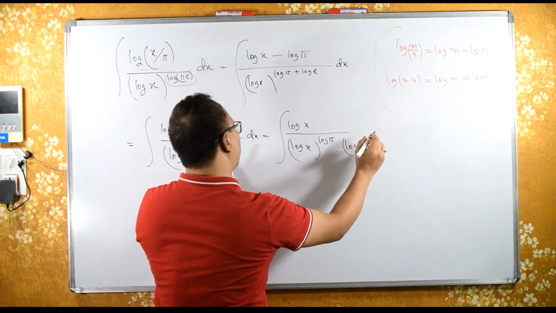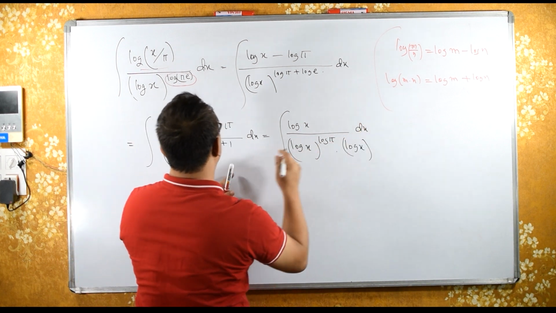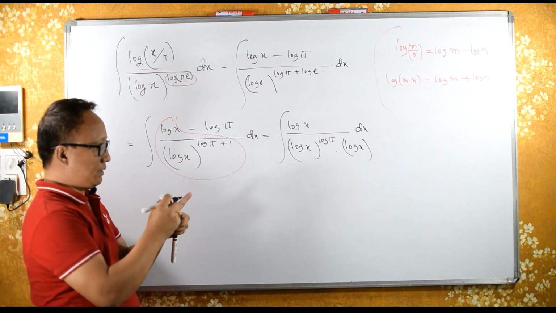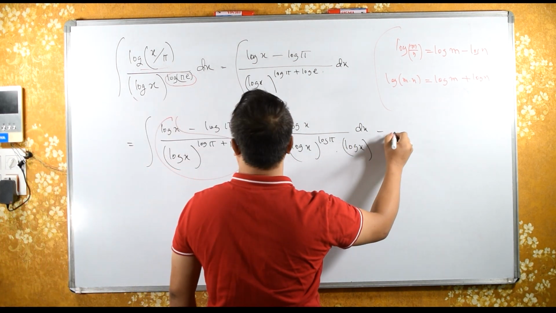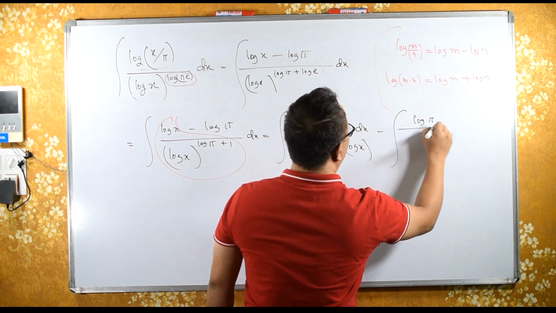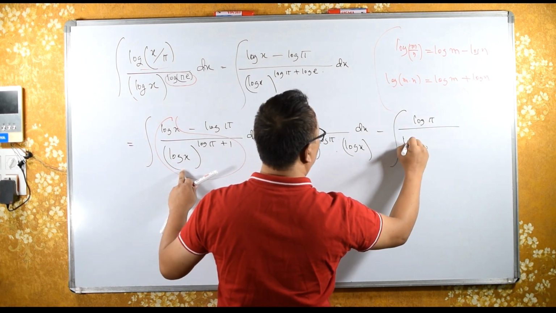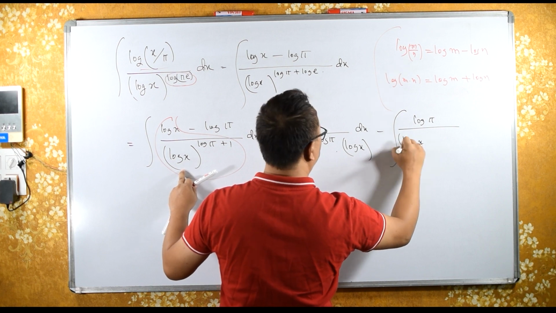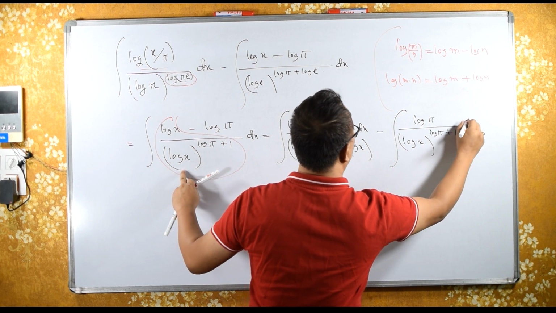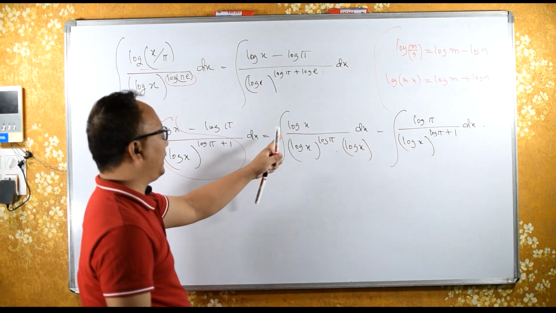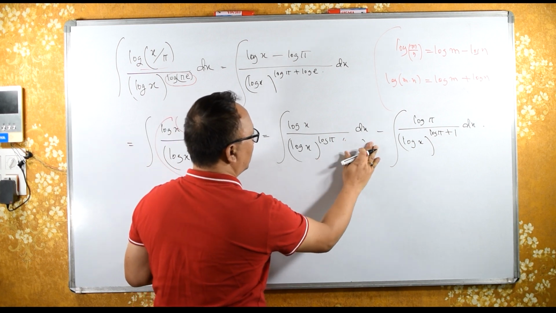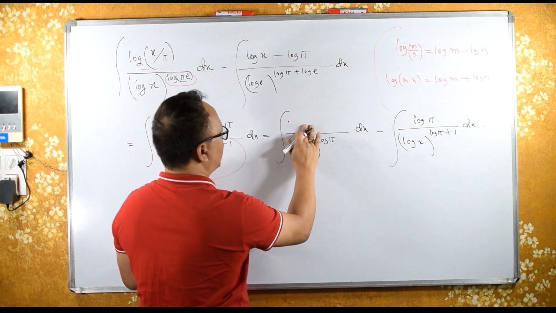Therefore, you can keep it as it is dx, this upon this minus this upon this, minus log of pi upon log of x raised to log of pi plus 1 dx. Now, if I cancel these two, what will we have? We have this, okay.